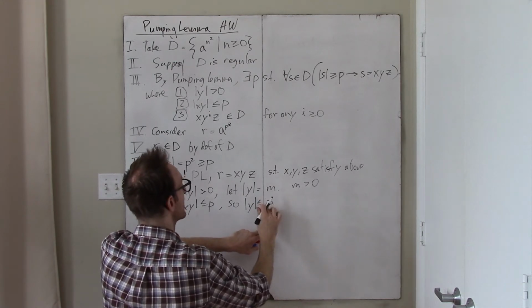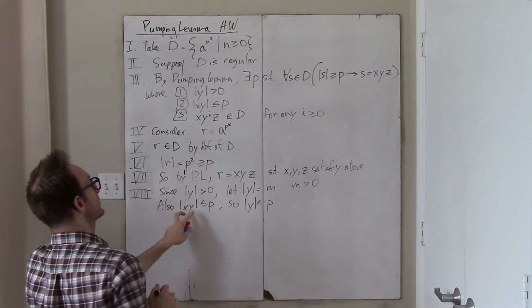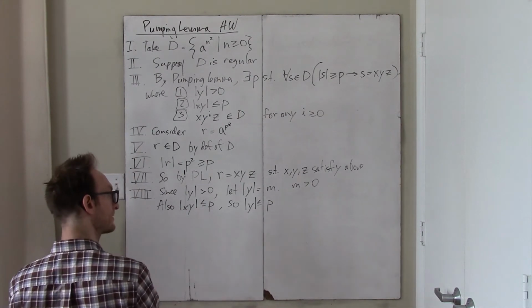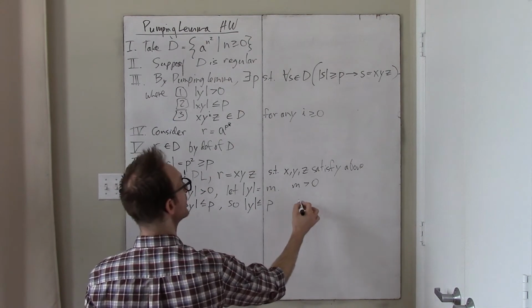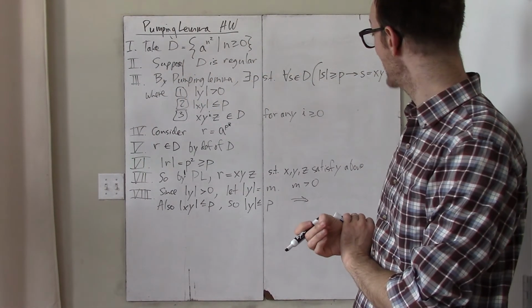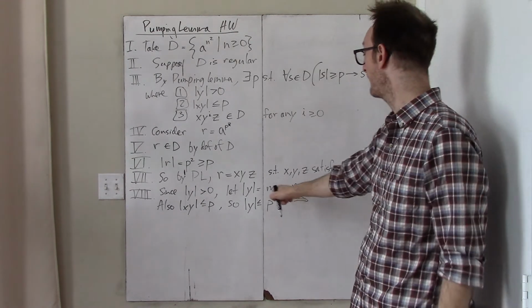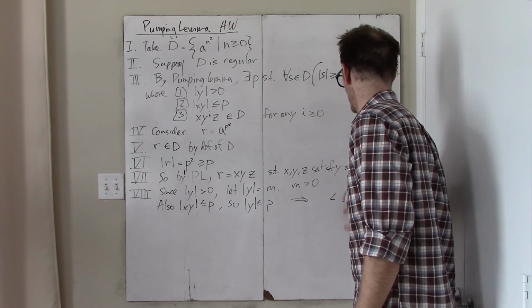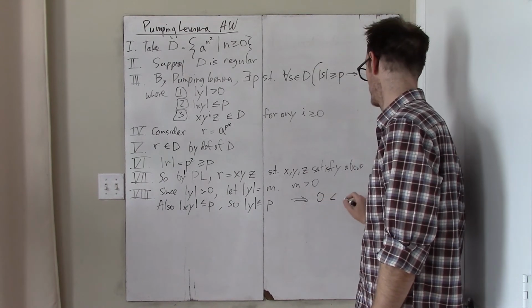Remember, x could be 0, but if the two of them together have this length or less, then so does this piece. So what we conclude from the previous two steps is that this number m has to be somewhere between 0 and p.